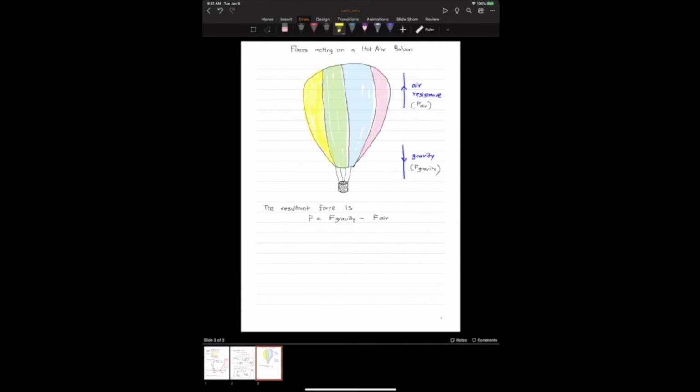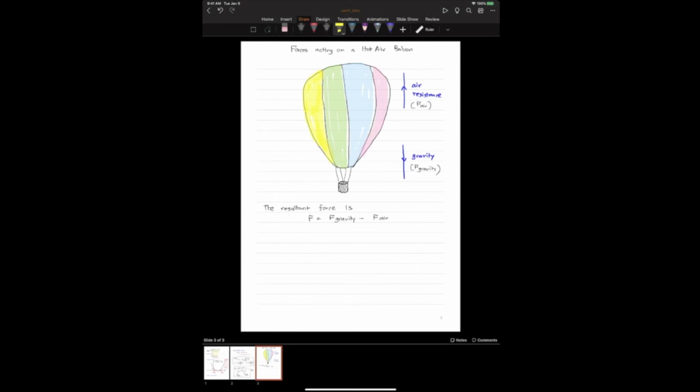This time I'm going to introduce an engineering problem. Let's think about a hot air balloon, which you are seeing on the screen. That's a hot air balloon I managed to sketch just before this class. Usually the hot air balloon floats in the air.